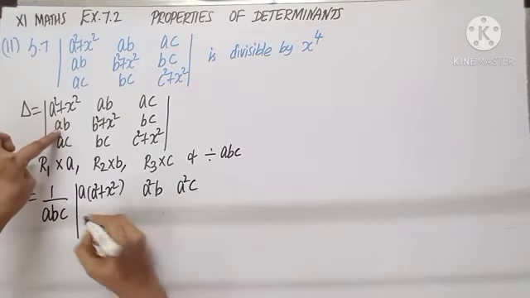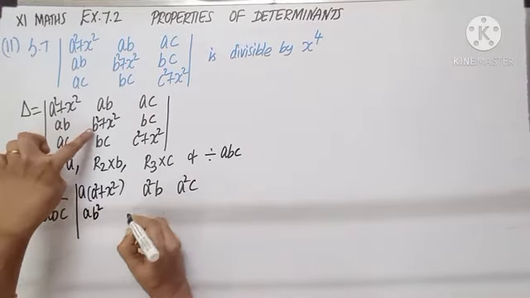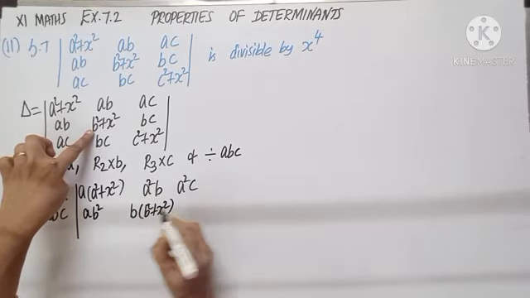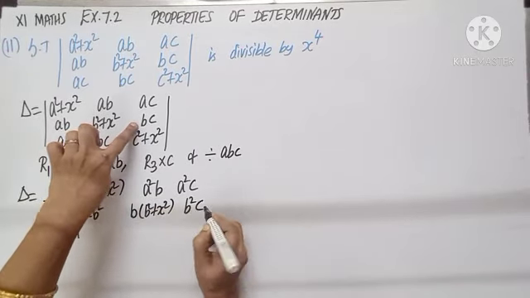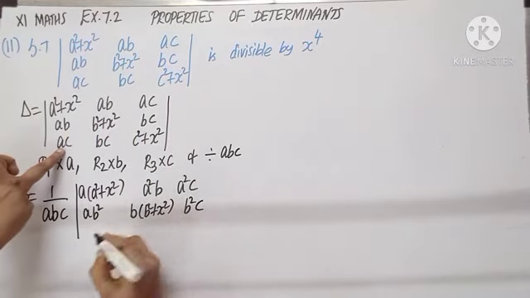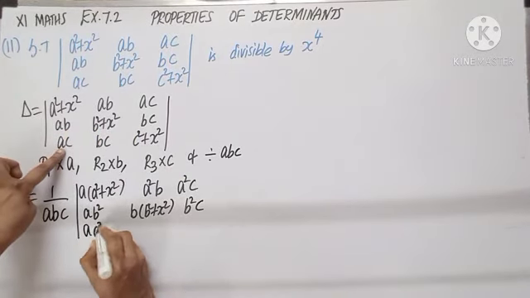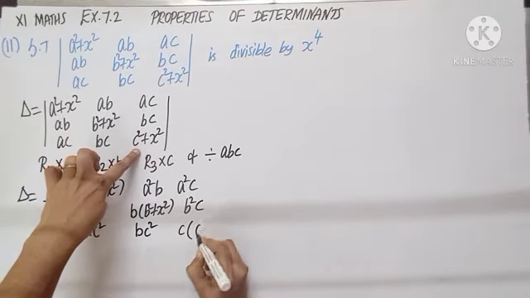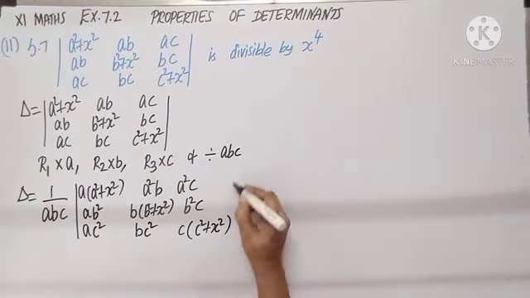Second row by B: A into B square, B into B square plus X square, B into BC. Third row by C: AC into C, BC into C, C into C square plus X square.